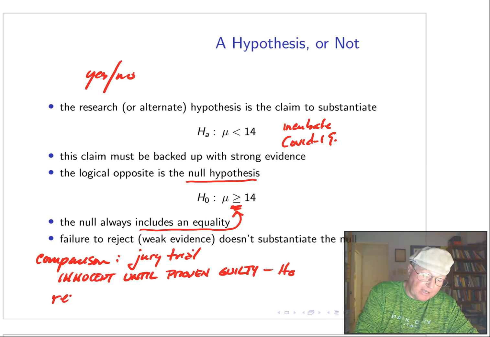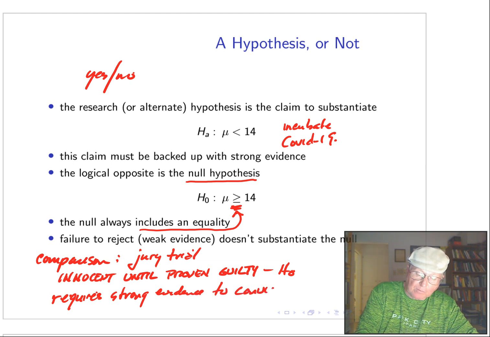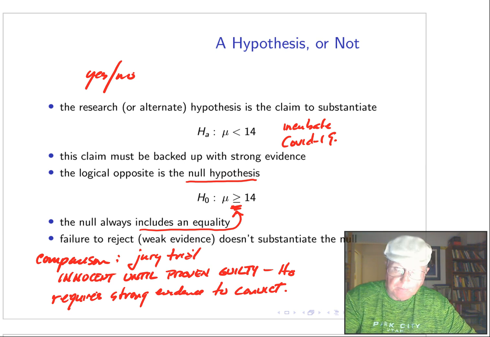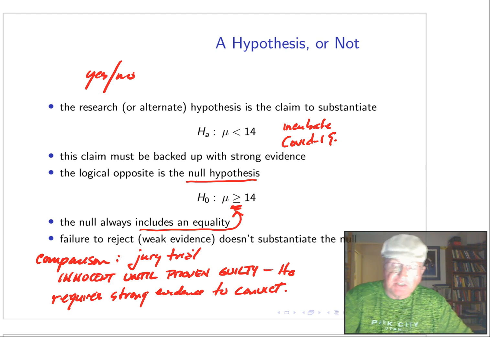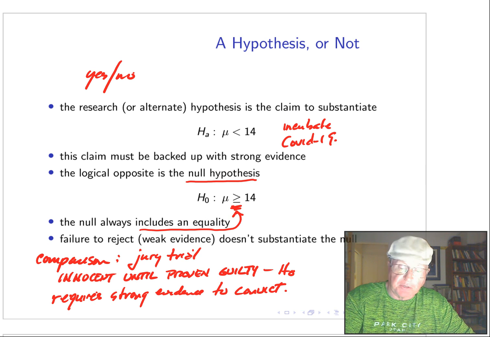Requires strong evidence to convict. So the concept's pretty straightforward. We've seen it in everyday life, but this is how we use it in science.